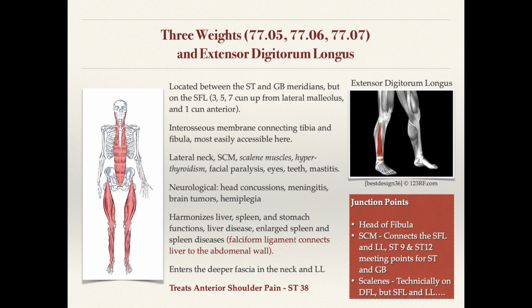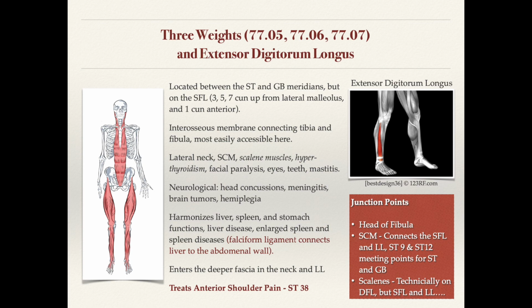The next point here reads, it enters the deeper fascia in the neck and the lateral line. And the reason I wrote that, going back to our discussion of the neck, is that this is a junction point between the stomach and the gallbladder meridians. So the stomach and the gallbladder meridians start to converge in the area of the feet, but then they also do the same in the area of the neck.